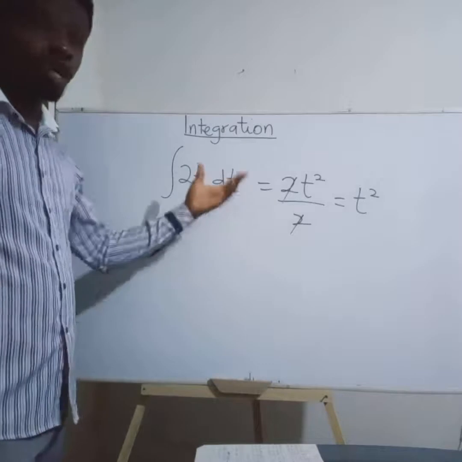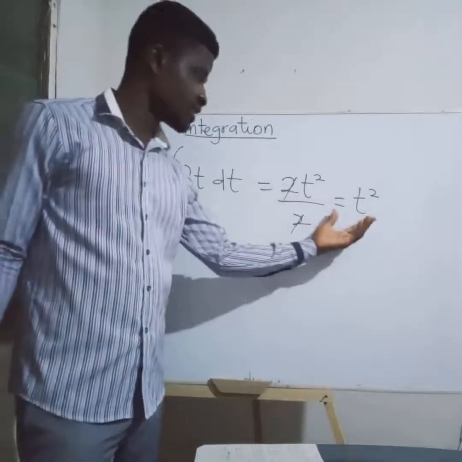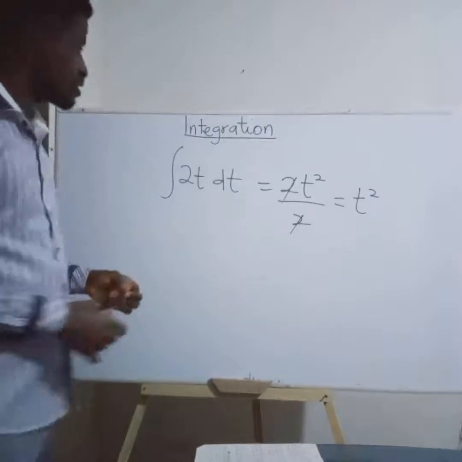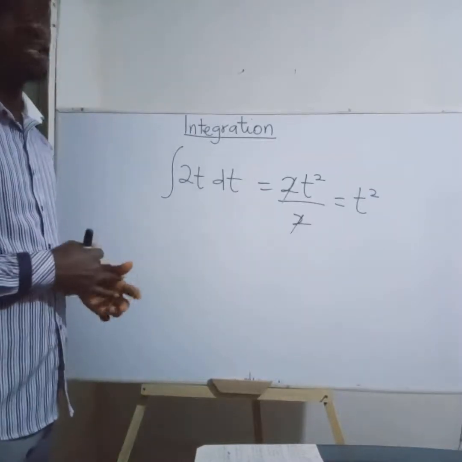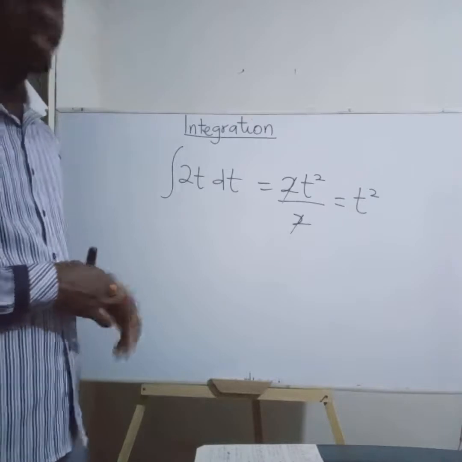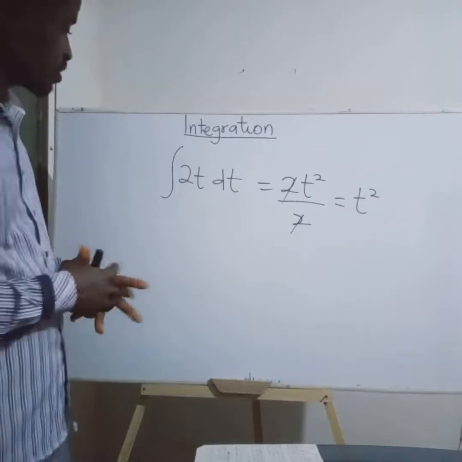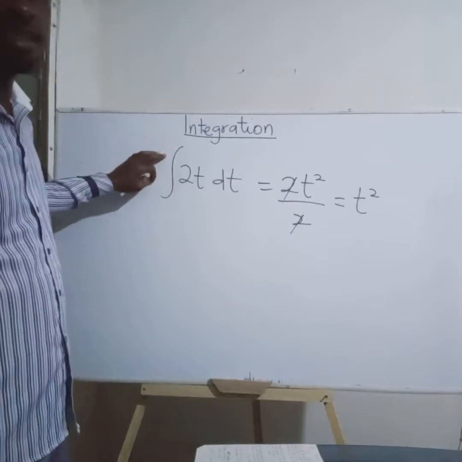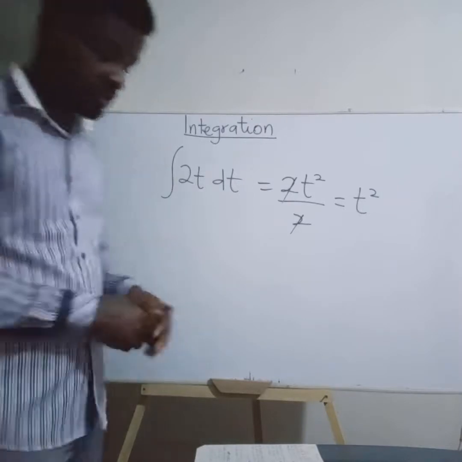I'm going to show you how we had all this, how we had this t exponent 2. So this is just an intro to integration, or what we call integral calculus. So in integration, we'll be using this sign, the elongated s. Good.